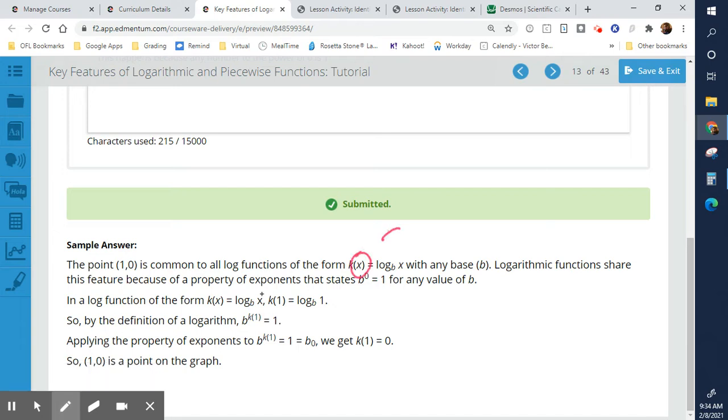Just think of this as a Y. So where you see K here, there's a Y. In other words, they write it all super complicated. I hope what I wrote makes a little more sense. But what they're saying is, what y value gives you 1? 0. If our exponent is 0, we get a 1. So that's why that point always shows up in the graph.